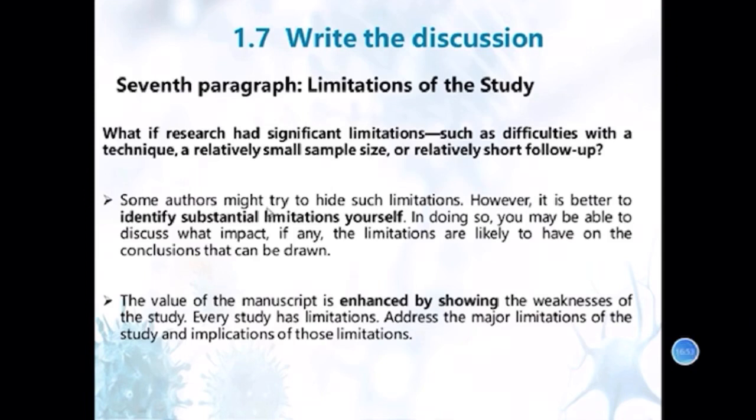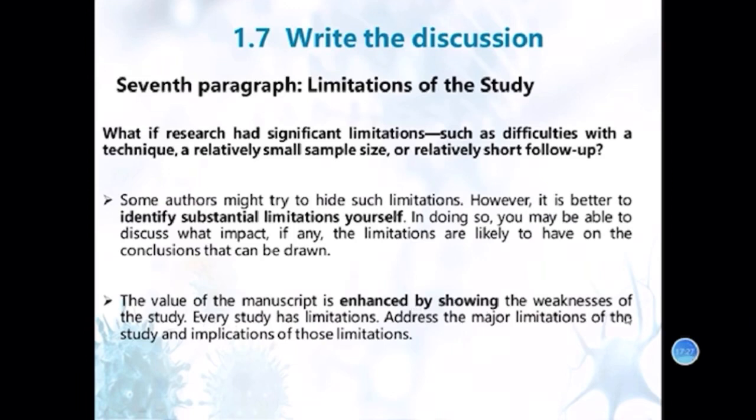Some authors might try to hide some limitations, but it's not going to be missed by the reviewers or editors. In doing so, you may be able to discuss what impact the limitations are likely to have on the conclusions that can be drawn. The value of the manuscript is enhanced by showing the weakness of the study.